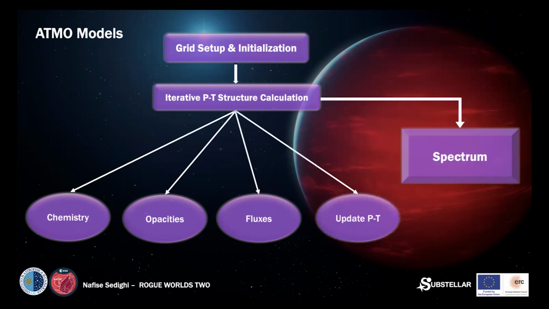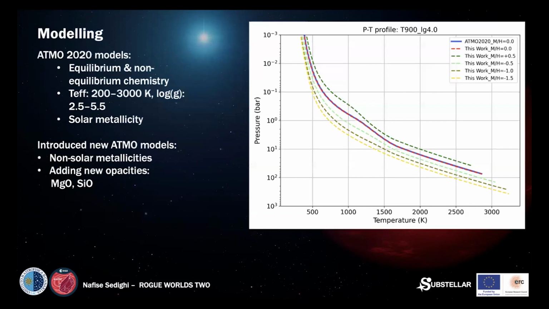Then the code repeats this process, solving all these steps, to converge on the best pressure temperature models. And then when we have the pressure temperature profile in the several layers of the atmosphere, we will produce the spectra.